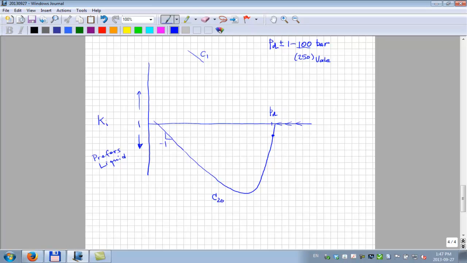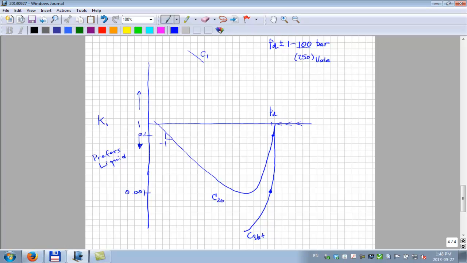The monster molecule, C30 plus, drops down like that. You see at the same pressure, this is a log scale, this was 0.1, and this was C36 plus, this is 0.001.